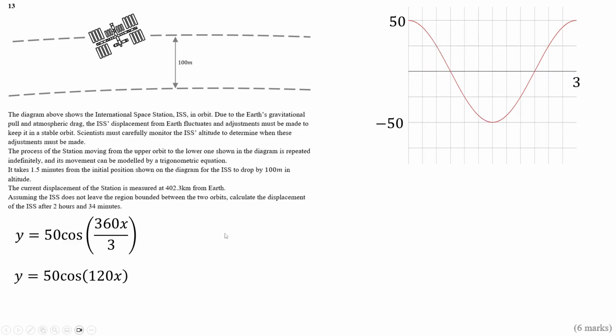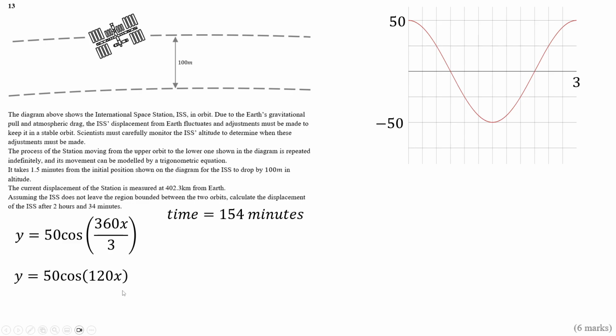Now 2 hours and 34 minutes, that's just going to be 154 minutes, because 60 times 2 is 120, 120 add 34 is 154 minutes. Okay, and we're saying, okay, well, we're going to need to plug this into there. Now if you plug in 154 for x into there, that's just going to be a massive number, and just good luck trying to solve that.